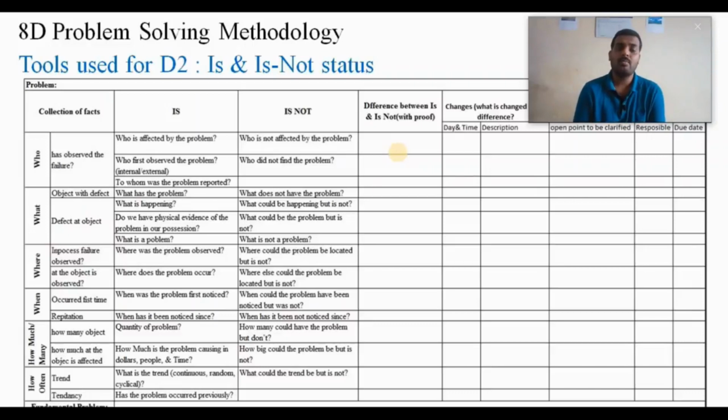The first P stands for product or process, the second P stands for problem, the third P stands for place, and the fourth P stands for pain. It means the fundamental problem definition should include the product name, then what is the defect or problem, then the place, and the pain, that is, what amount of pain you are having because of that defect.